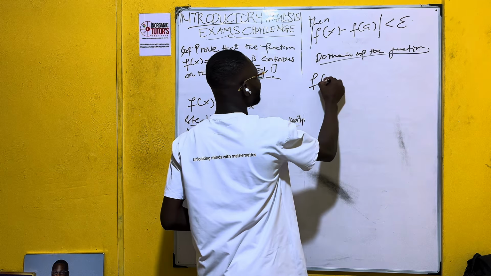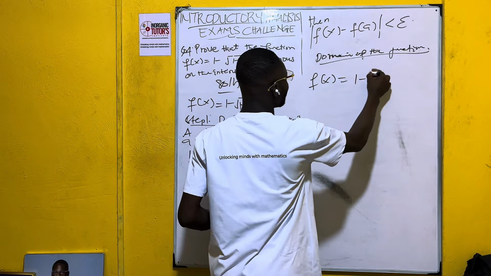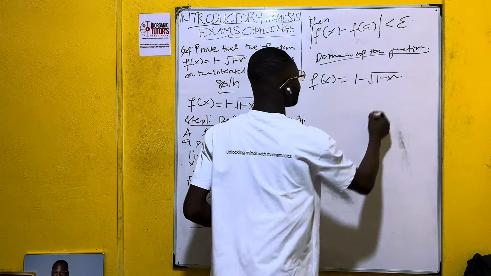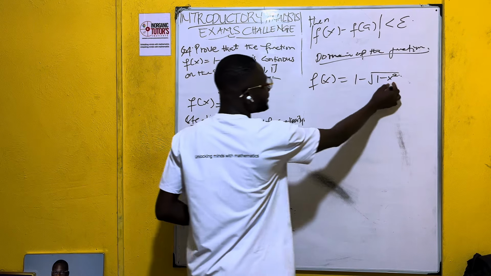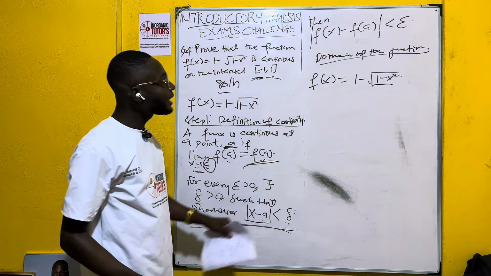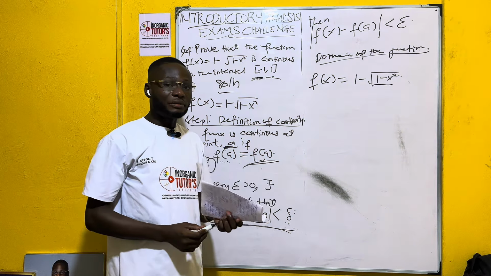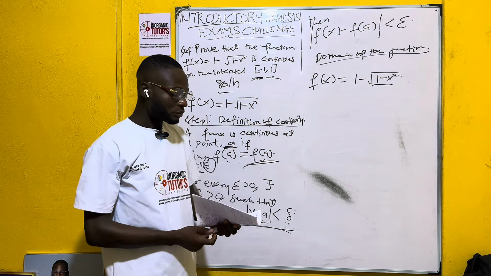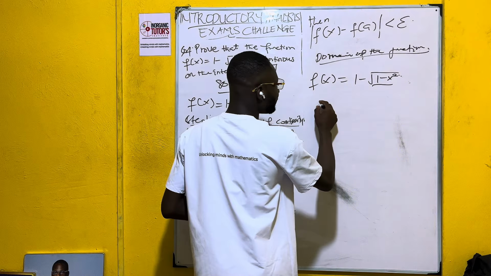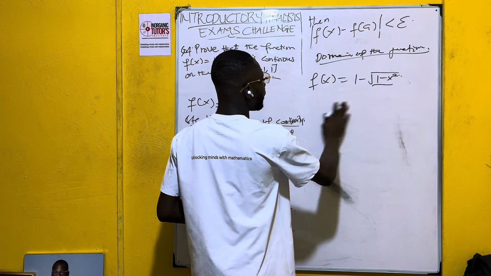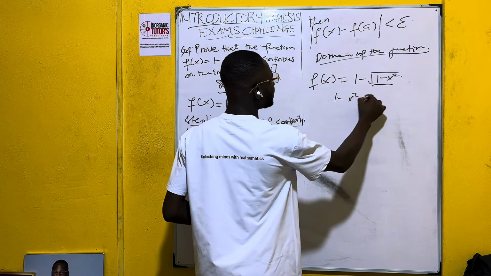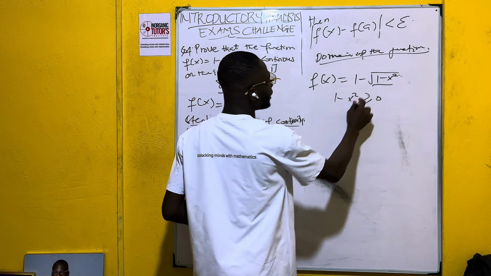So you have f of x equals 1 minus the square root of 1 minus x squared. The argument under the square root sign must be greater than or equal to 0. So we have 1 minus x squared greater than or equal to 0.